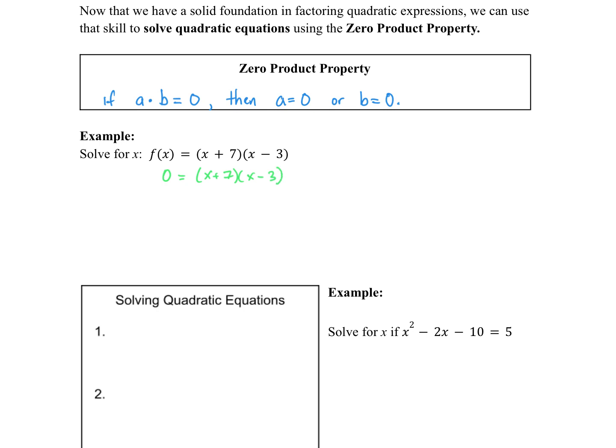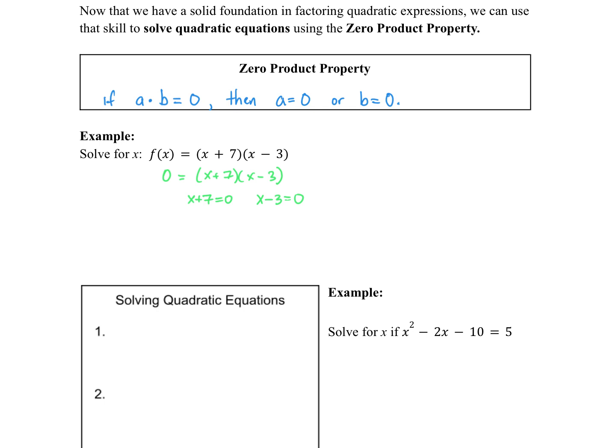Here's one thing, and here's the other thing. So what does that mean? That means that either x plus 7 equals 0 or x minus 3 equals 0. That's the only way that this times this would equal 0.